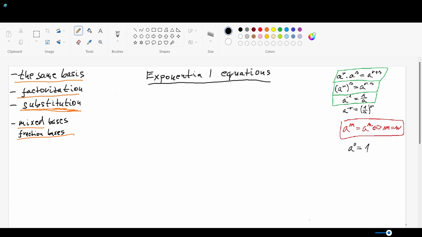To understand this more precisely, let's have a look at this example.